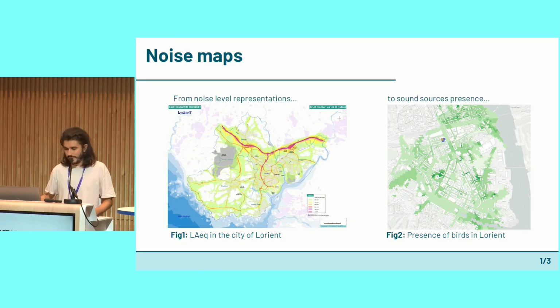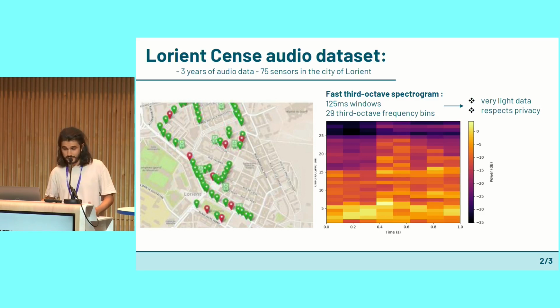And what we have access to is a dataset called Lorient Sense Audio. It's actually 3 years of audio data recorded with 75 sensors, recorded simultaneously in the city. And the thing is, with this dataset we'd like to make maps, but we don't have access to audio.